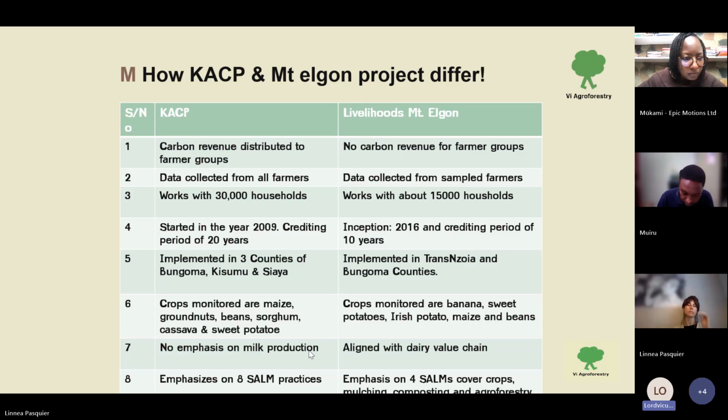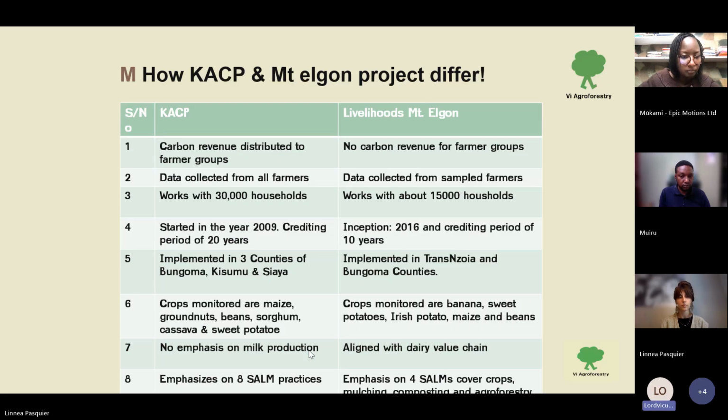For number one, after every monitoring period, the verifier comes for KACP and does the verification, and if the verification goes through, there's a carbon revenue that is distributed to the farmer groups that we work with, the farmer groups that are implementing this project. That does not happen for Mount Elgon.